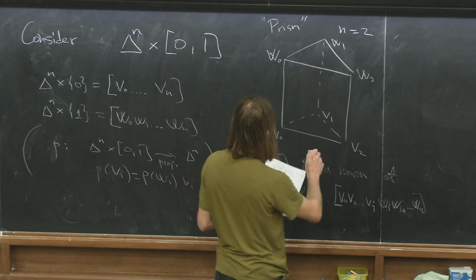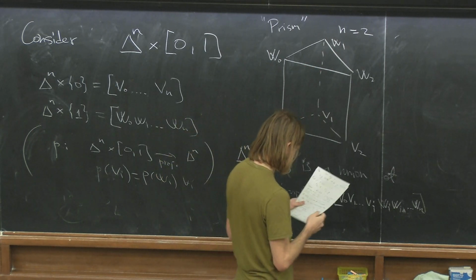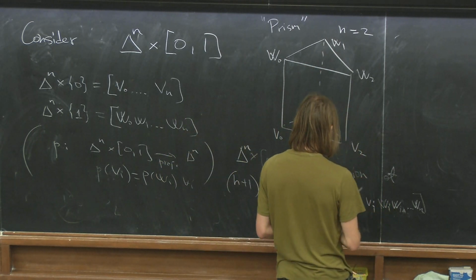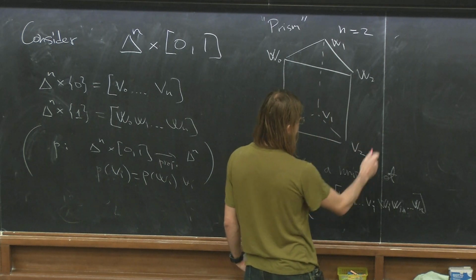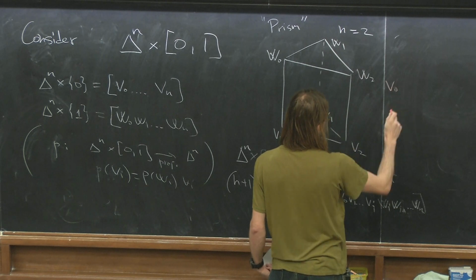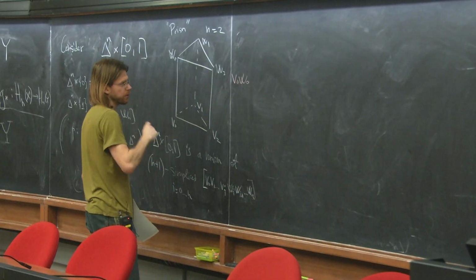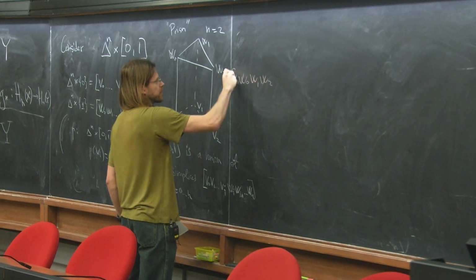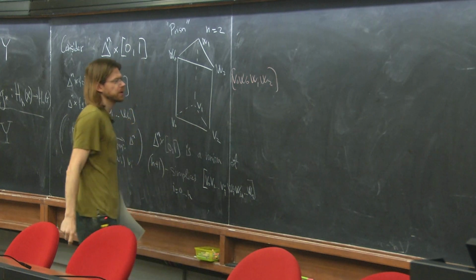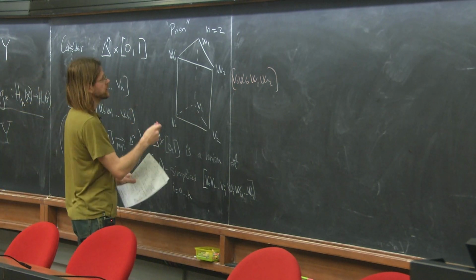In this example, there will be a subdivision into 3 simplices. Let's take first i equals 0. The vertices I have to take are V0, and then I immediately follow with W0, and I continue with W's, W1, and finally W2.